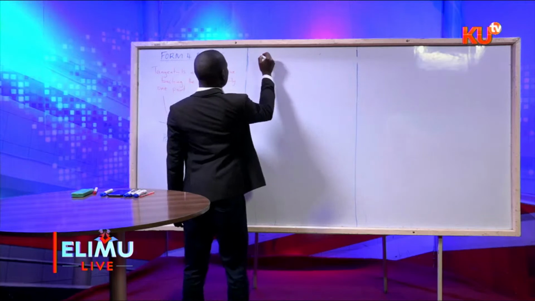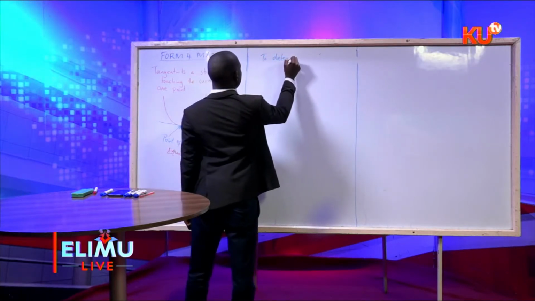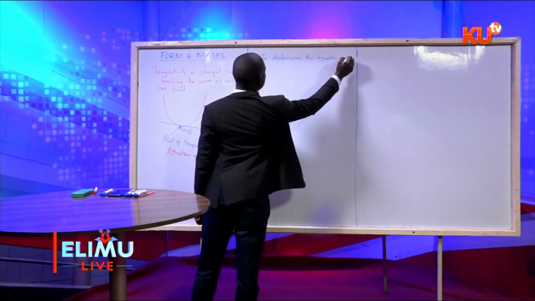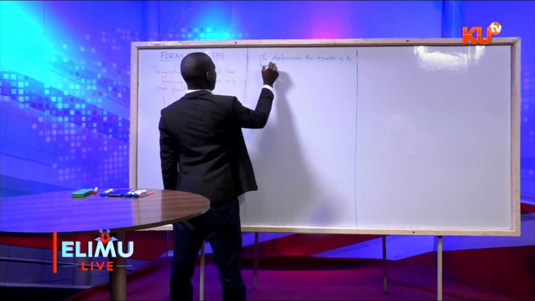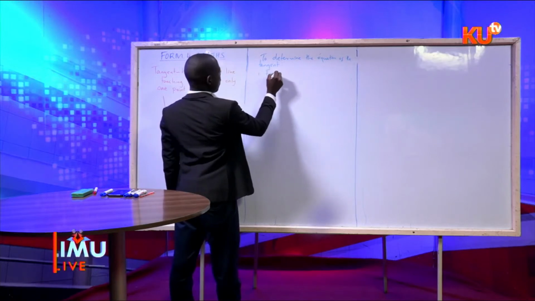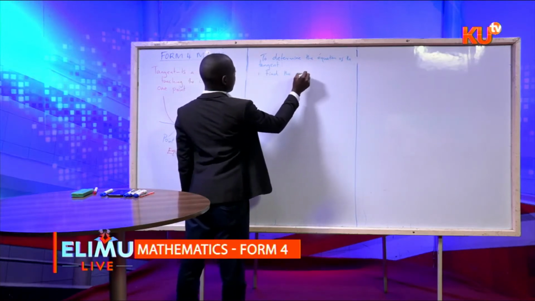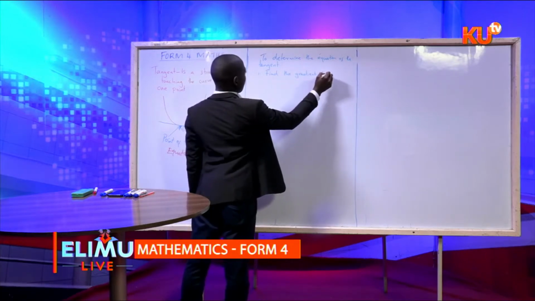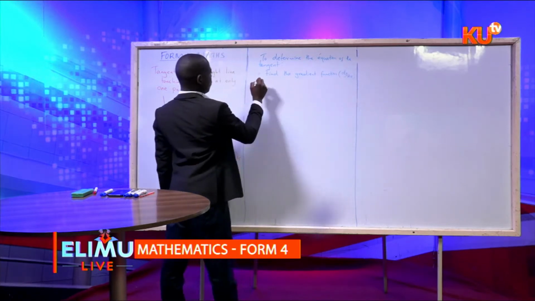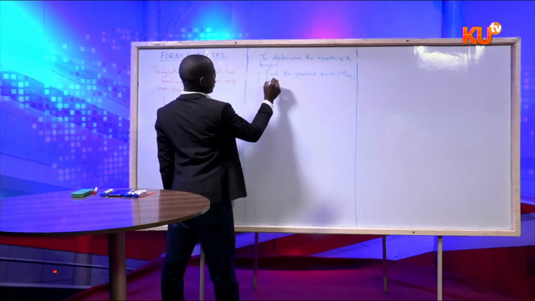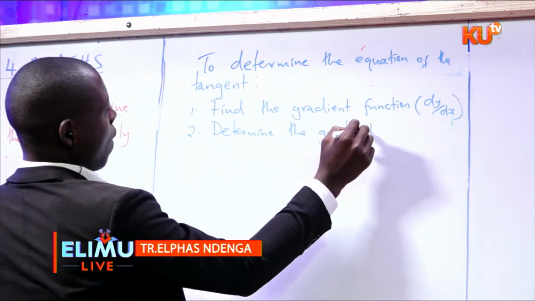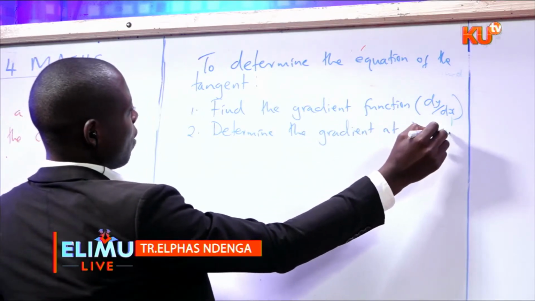To determine the equation of the tangent, step number 1, you have to find the gradient function, that is dy dx. And number 2, you determine the gradient at the given point.